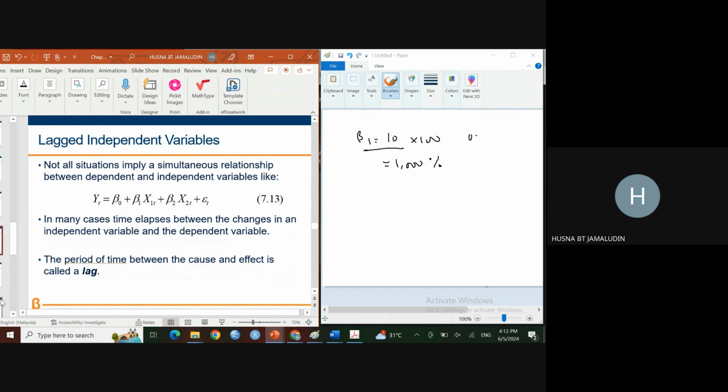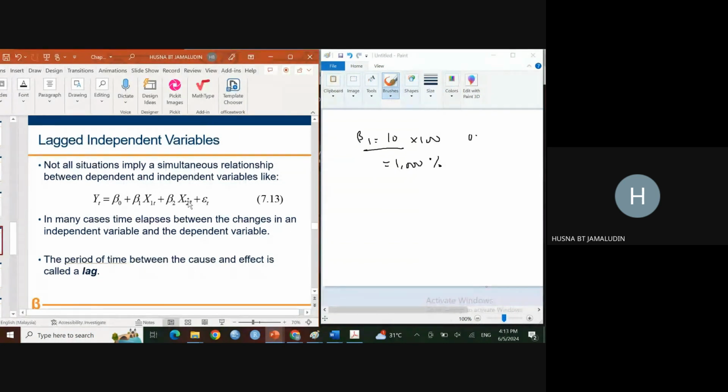Now we are moving to the lag independent variable. When we talk about lag independent variable, normally it is in the case of time series. Remember for your syllabus, we are only covering cross-sectional data, but lag normally happens in time series data. Not all situations imply a simultaneous relationship between dependent and independent.